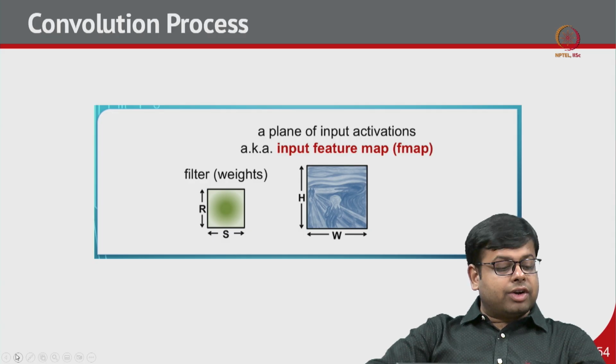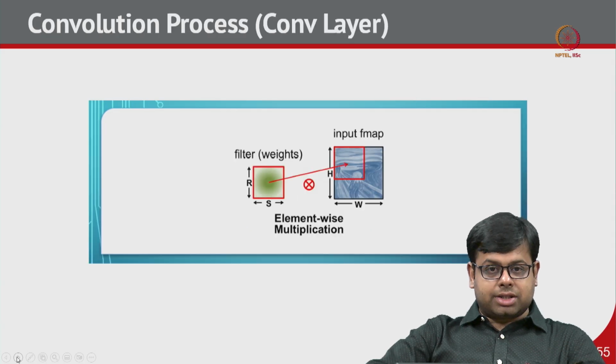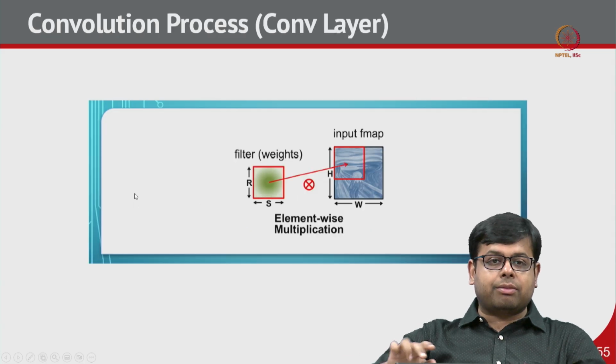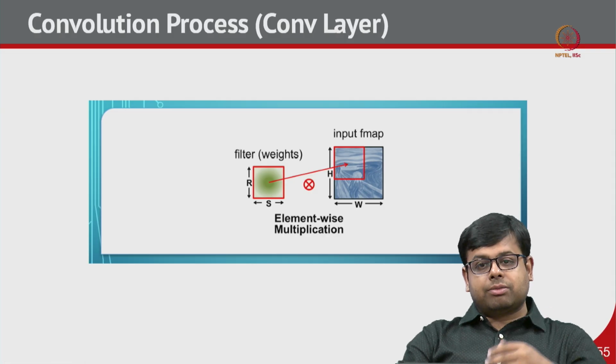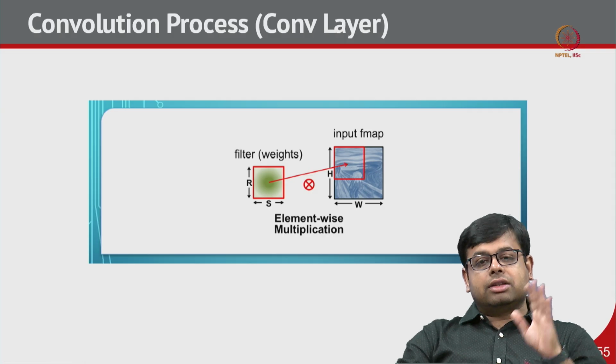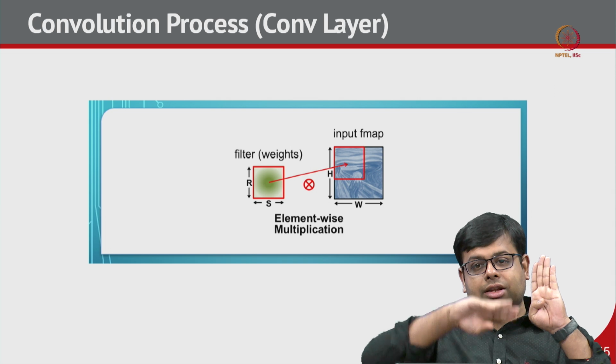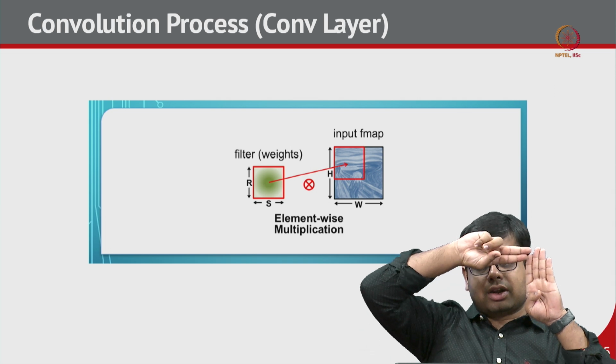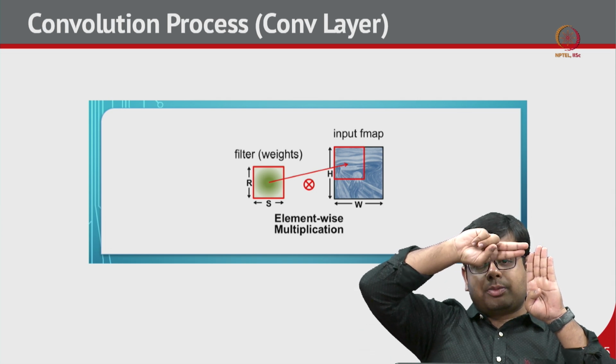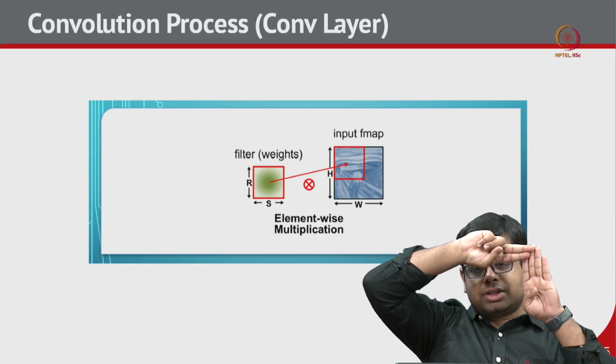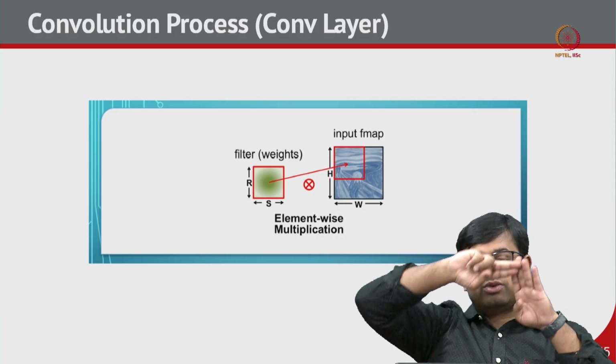Now let us see how this filter operates on the image. This is nothing but the convolutional process. Let us say we have this image, and let us say we have this filter. The filter will be projected on the image. Whenever we say projected, that means we will perform element wise multiplication.